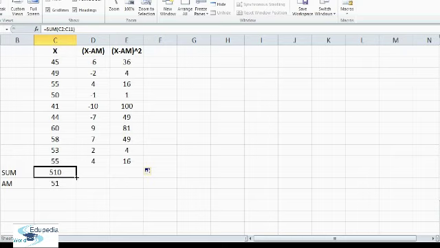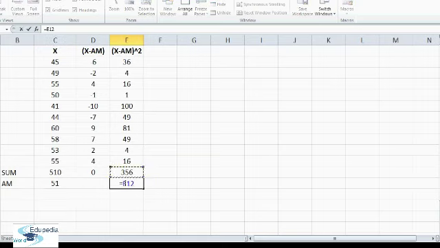Therefore first we will take the sum, and the sum is 356. And here remember, I had said that the sum of the deviations from the actual mean will always be 0, and here we have the sum of the deviations from the actual arithmetic mean, which is 0. Okay, the sum of the squares is 356, and then I need to take the average of that, which is simply the value here divided by 10.